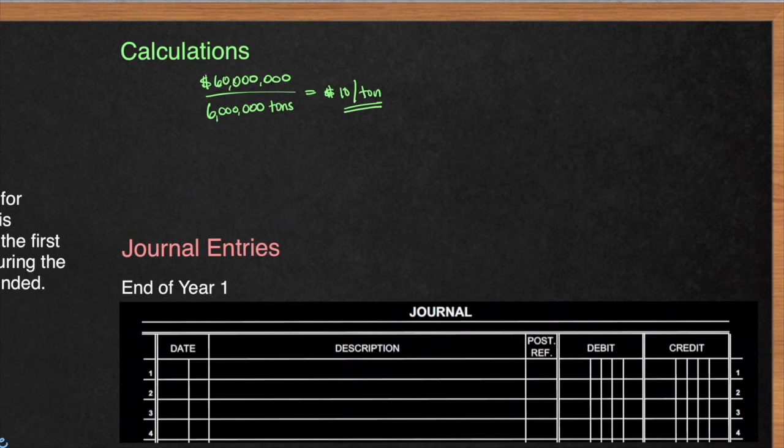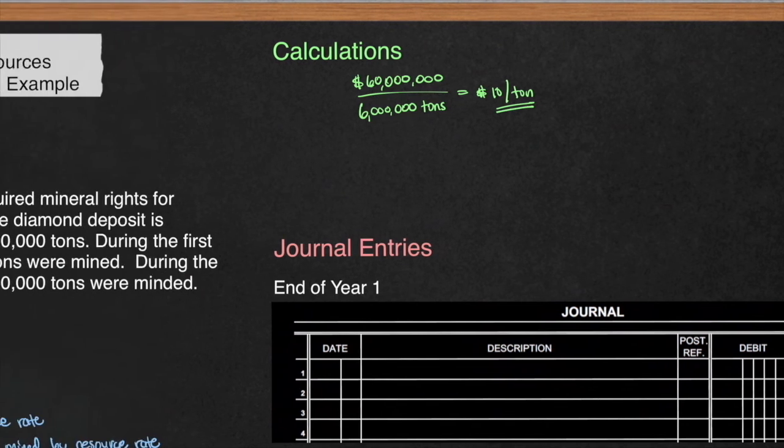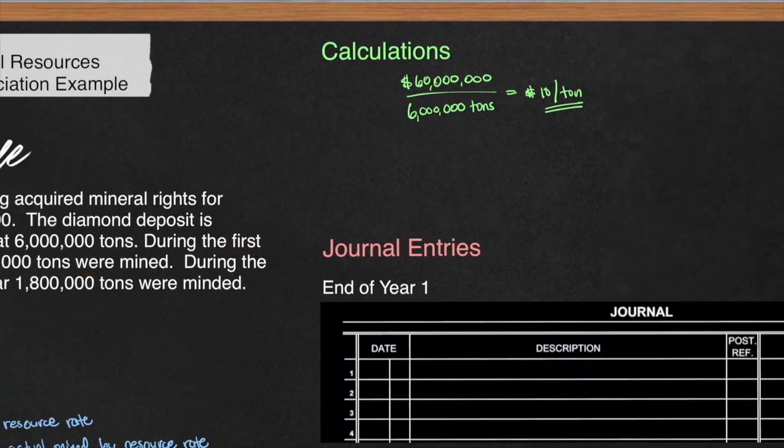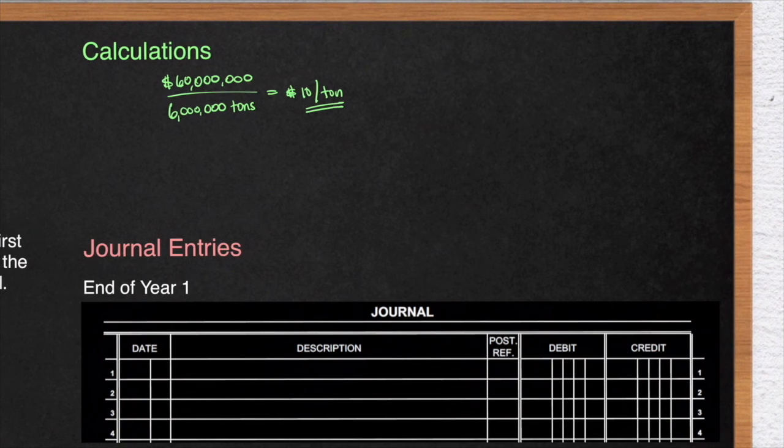You're going to take that rate and multiply it by the actual amount of diamonds that were mined. In the first year, 1,500,000 tons were mined. So you come to the end of year 1, you know the actual amount that was mined, which again in this case is 1,500,000 tons, times your rate, which is $10 per ton, equals $15 million.